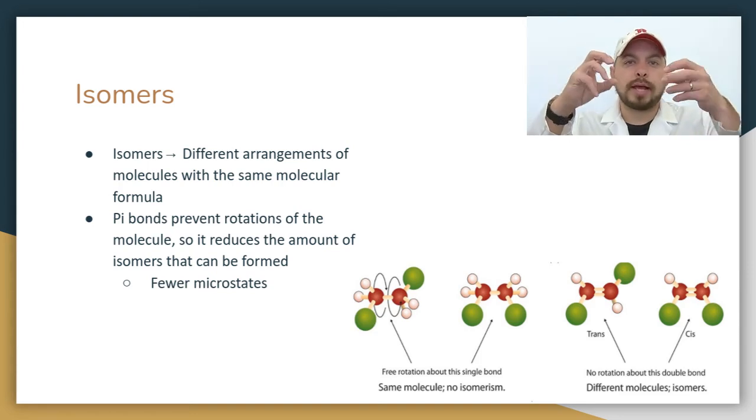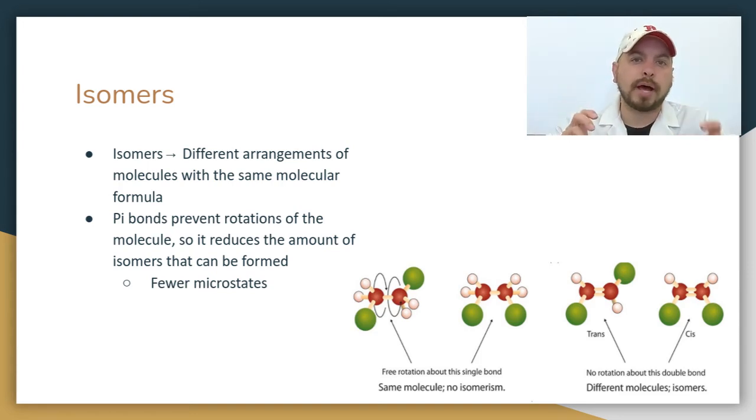So you can't actually rotate around a pi bond the same way that you can rotate around a sigma bond. What this does is it prevents molecules from forming different isomers based on those rotations. Now, that's going to come up a lot more in organic chemistry than it is in this class, but that's something to just be aware of, is that pi bonds will result in fewer microstates, all right, which plays a role in entropy due to the lack of being able to rotate around a bond.